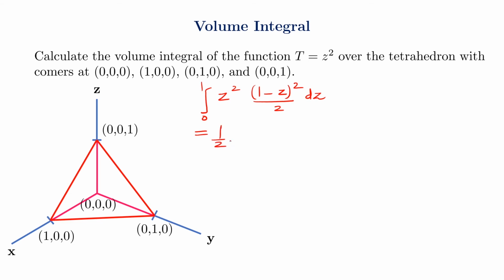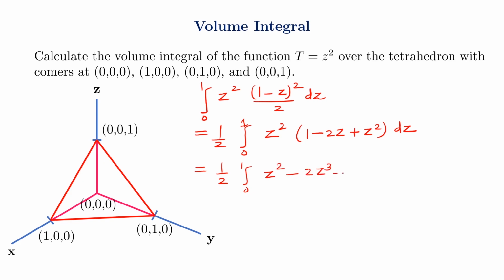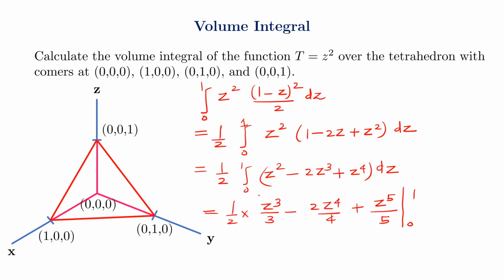This is equal to 1 by 2 times the integral from 0 to 1 of z square times (1 minus 2z plus z square) dz, which is equal to 1 by 2 times the integral from 0 to 1 of (z square minus 2z cube plus z raised to 4) dz, which is equal to 1 by 2 times (z cube divided by 3 minus 2z raised to 4 divided by 4 plus z raised to 5 divided by 5), and the integration limit is from 0 to 1.